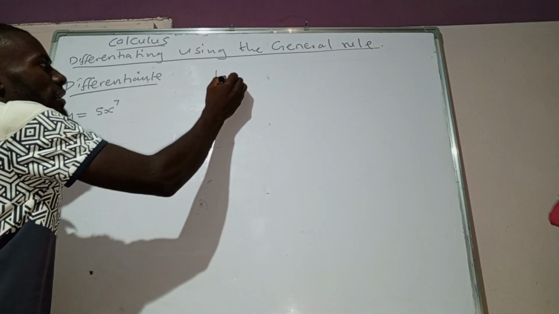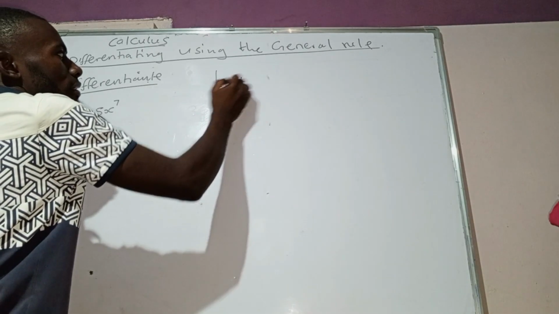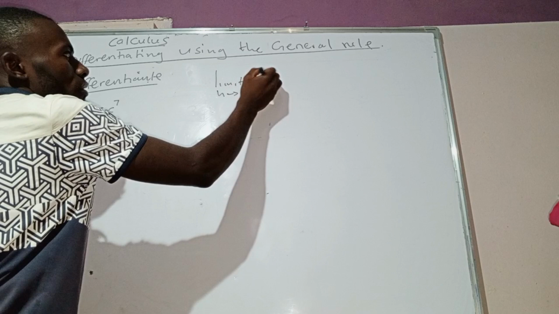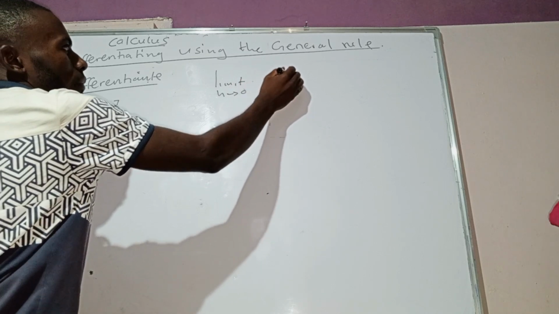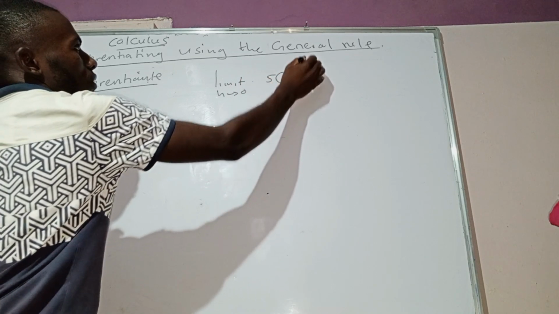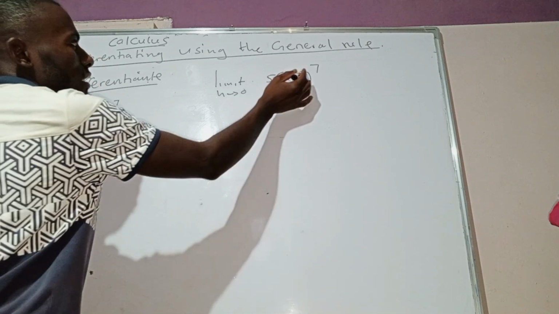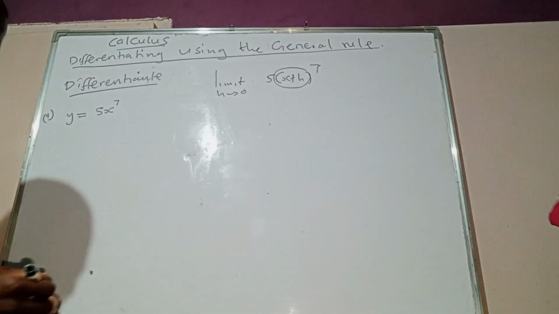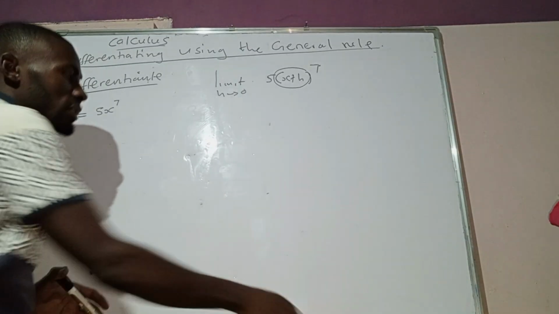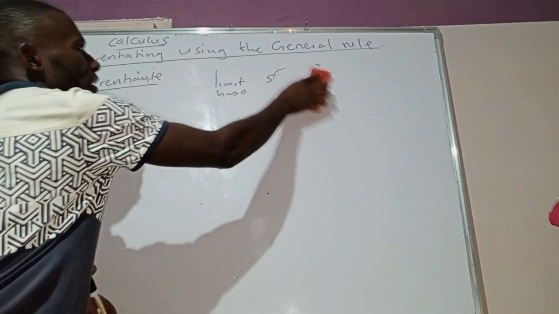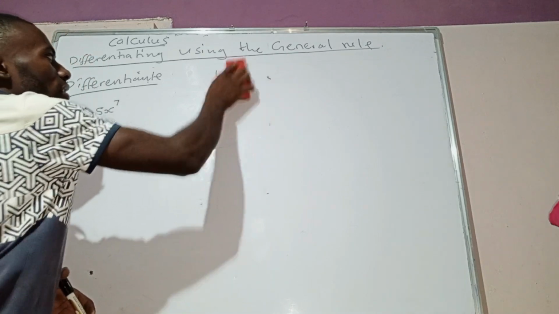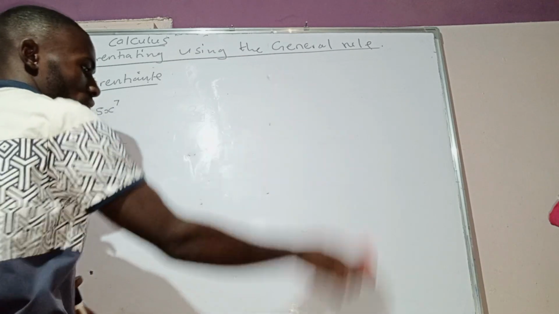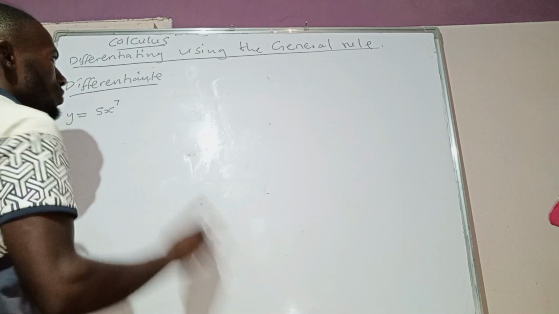You could have had something like limit when h is approaching 0 of 5 open brackets x plus h to the power 7. Then you start expanding this to the power 7, and you're going to waste a lot of time just finding this. That's why the general rule comes in to help us.